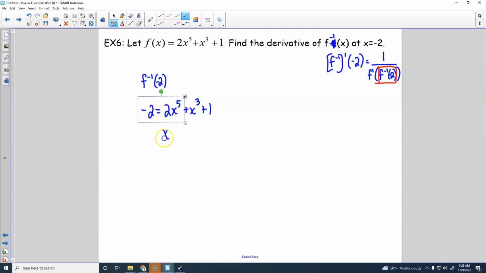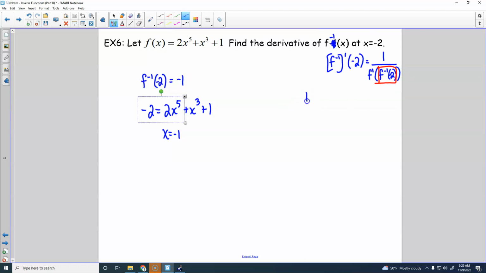So x here equals -1, and for the sake of time, I'm going to run with it, but you can use your calculator to solve. He's just plugging numbers in his head to see if it works, but you can use solve on your calculator if it's something more complicated. If it's an odd power, it's still negative. So our f inverse of -2 is -1.